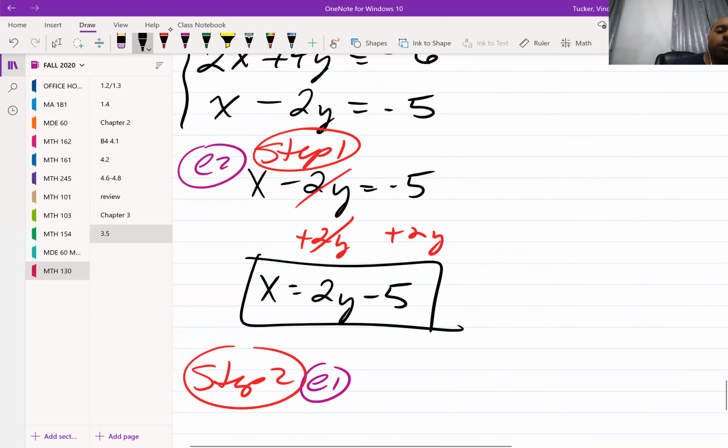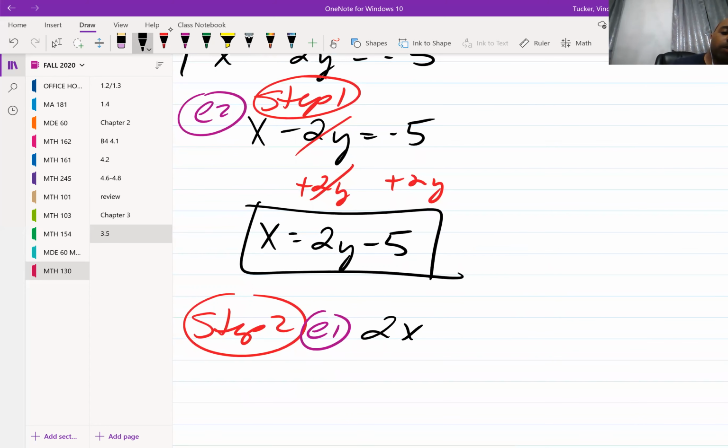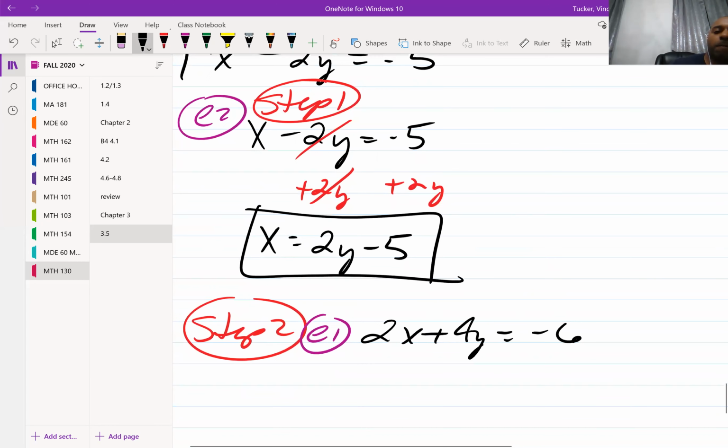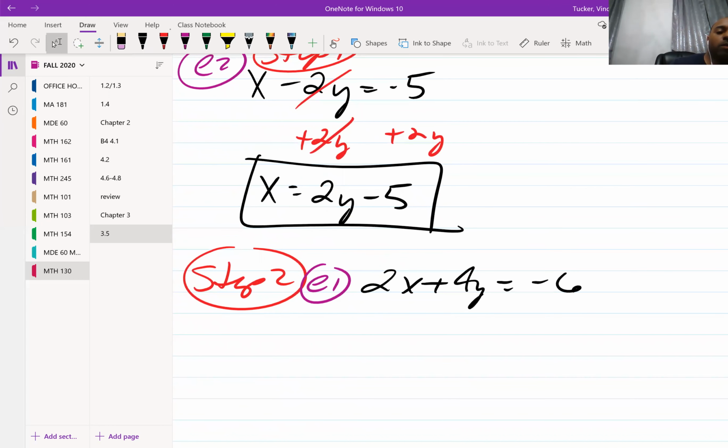And that was 2x plus 4y equal to negative 6. All right. So we see here that x is equal to 2y minus 5. So that means where I see x, I can plug in 2y minus 5. So x is right here.